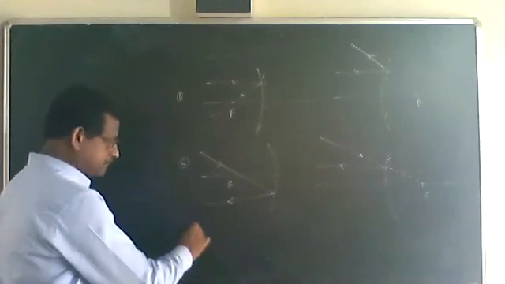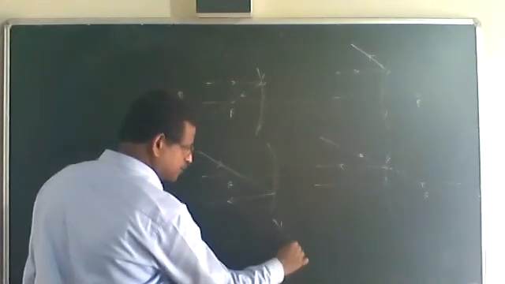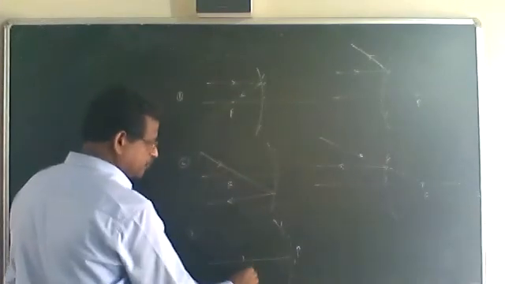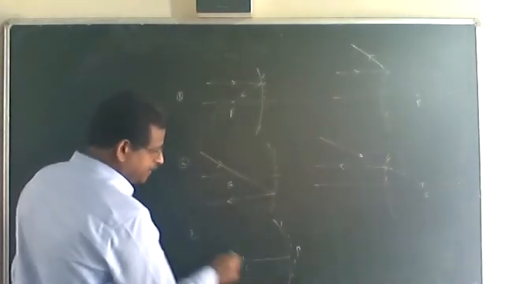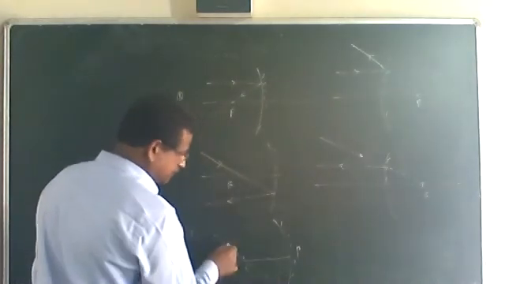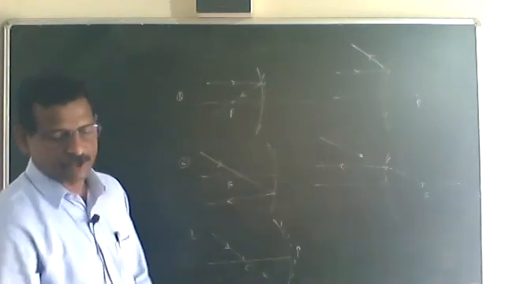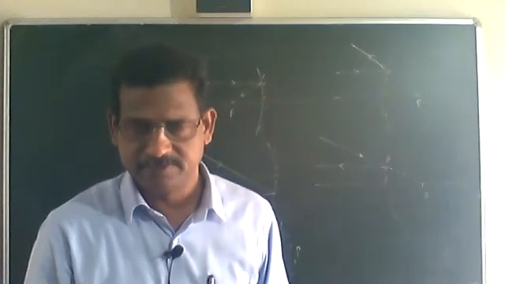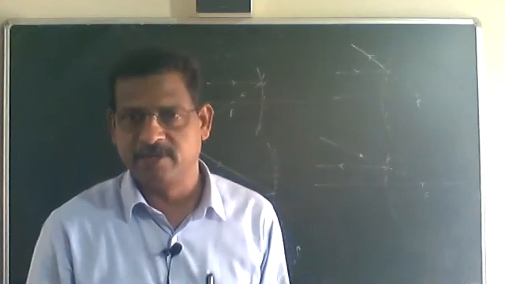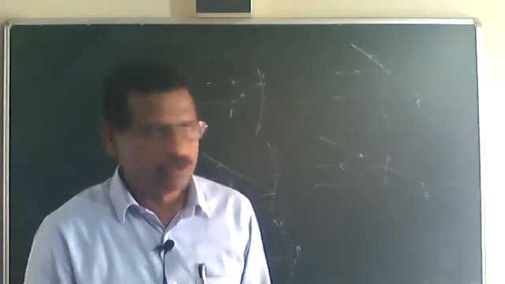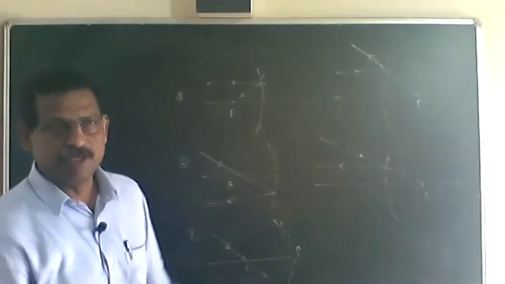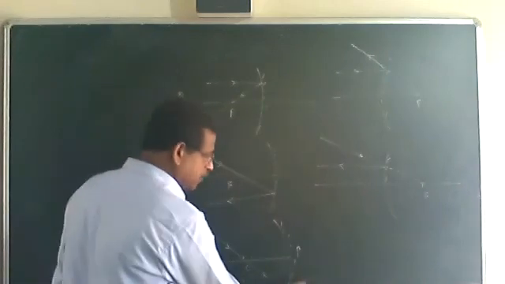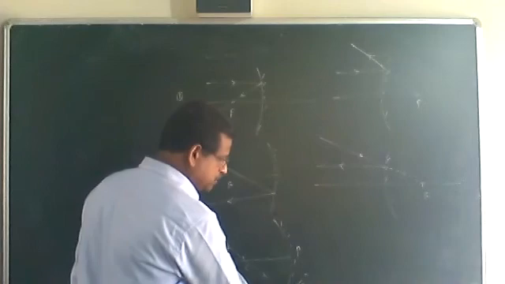Case number 3. Concave mirror. This is the pole and this is the center of curvature. If a light ray is passing through the center of curvature, any line passing through the center of a sphere, a radius or diameter, is always normal to the surface. So when a light ray passing through the center of curvature reaches the concave mirror surface, the angle of incidence is 0, so the angle of reflection is also 0.